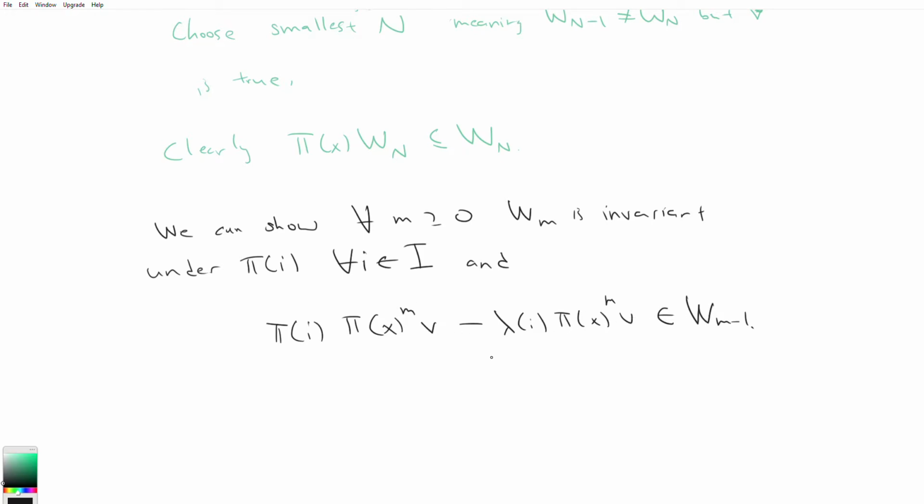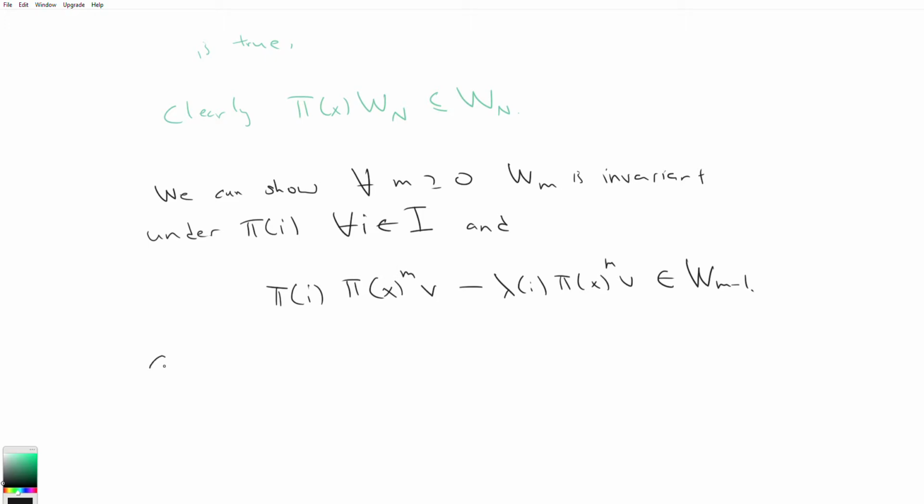So we subtract off this bit, and we're going down into the lower subspace in the flag. And so this can be shown by induction. And it's pretty straightforward, right?